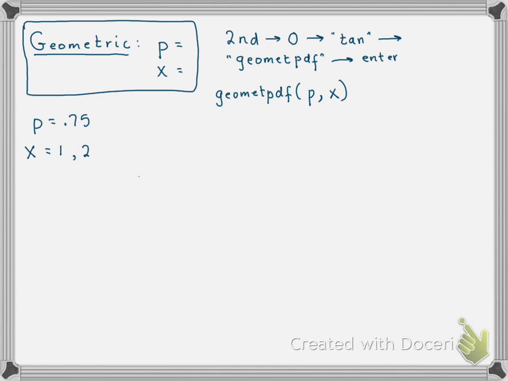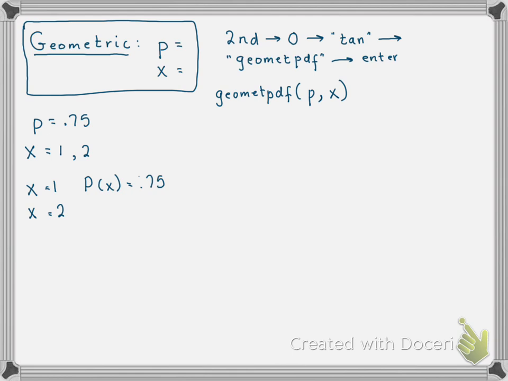Our p-value will go in first, 0.75, comma, and then our x value of 1, and we'll hit equals. So when x equals 1, the probability is 0.75, okay?